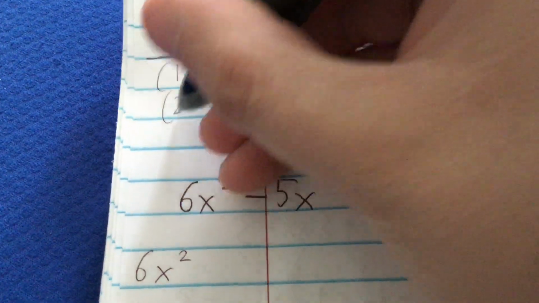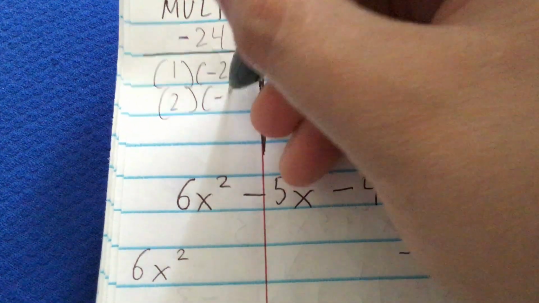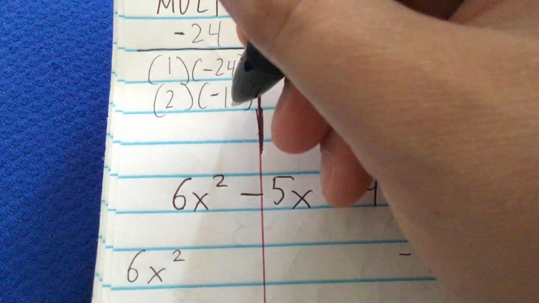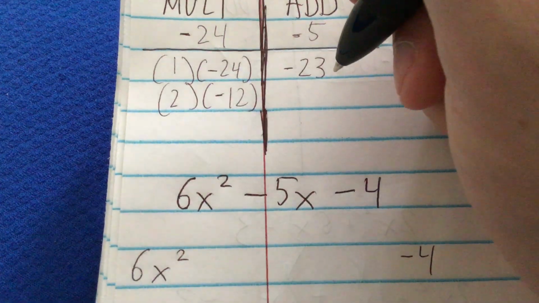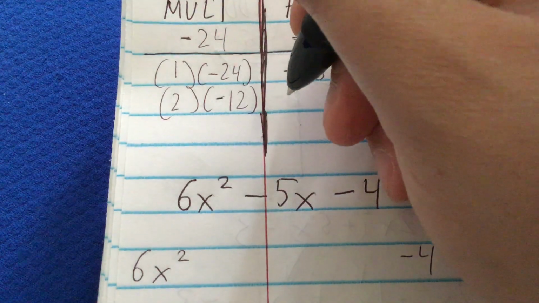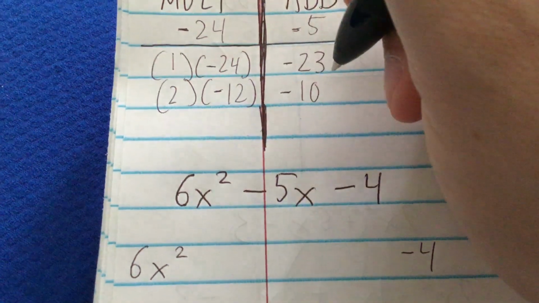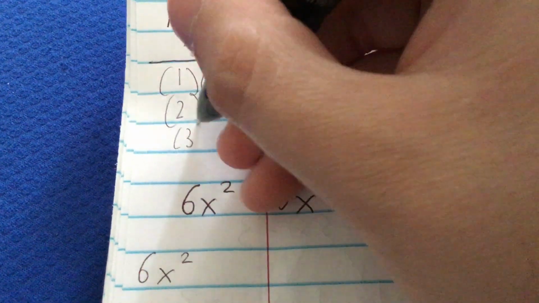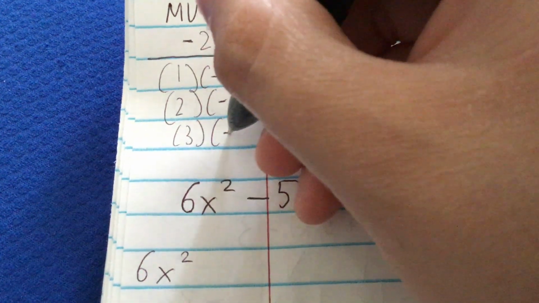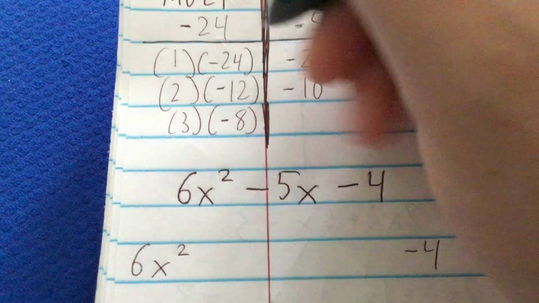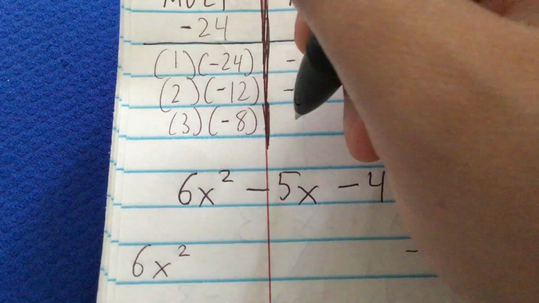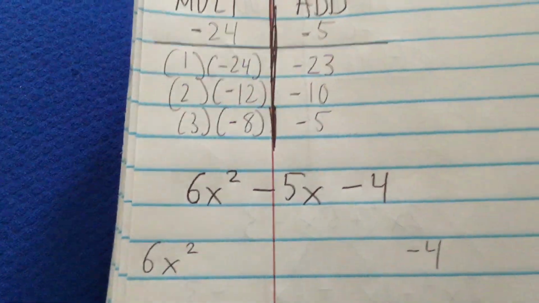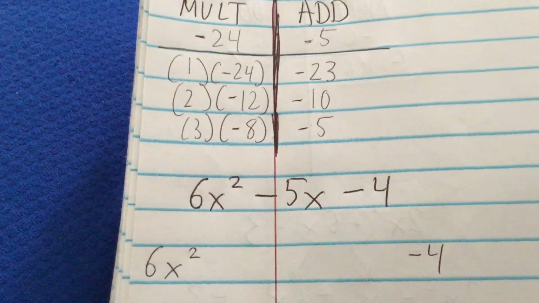Let's try 2 and negative 12. 2 times negative 12 is negative 24. 2 plus negative 12 is negative 10. Okay, let's try 3. 3 times negative 8 is negative 24. 3 plus negative 8 is negative 5. Ah, we've got it. We've got the winning team.